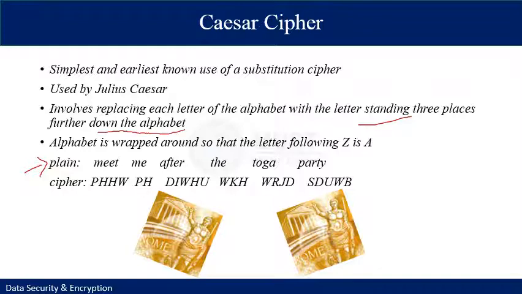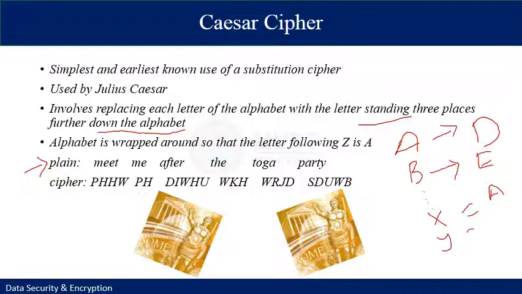That means if we are using the letter A, we replace it or substitute it with the letter three places down, D. So A will be replaced by D, B will be replaced by E, and so on. X will be replaced by A, Y will be replaced by B, and Z will be replaced by C, and a similar pattern will go on here.